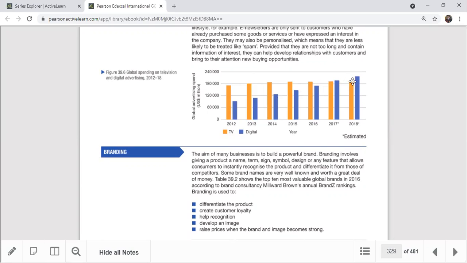From 2017 onward, it has bypassed the television advertising budget. That means a lot of businesses are spending on social media and digital advertising rather than traditional television advertising. There's a threat for traditional television channels and the industry. So if you're starting an advertising agency, you have to think about digital advertising. Digital marketing is really important, right?